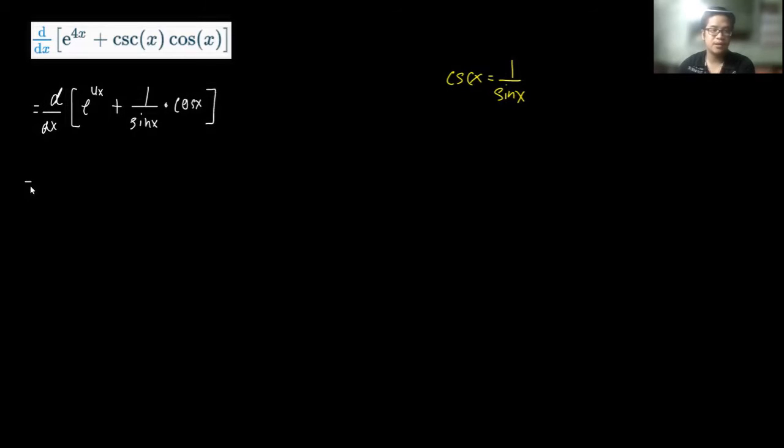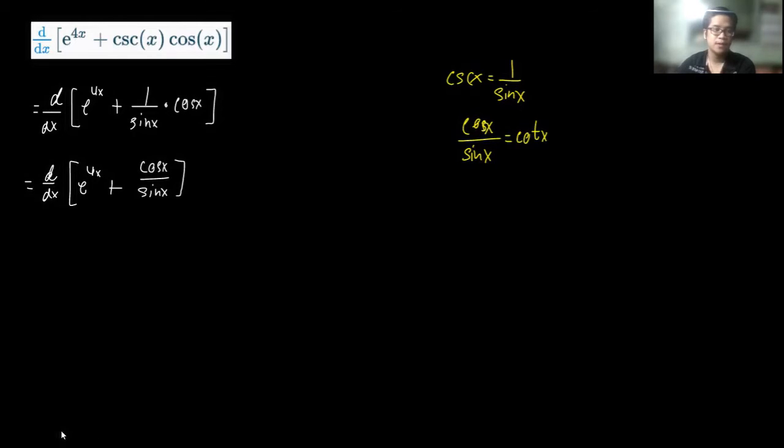Let's combine 1 over sine x times cosine x. So you have e raised to 4x plus cosine x over sine x. If ever you have cosine x over sine x, this is just the same as cotangent x. Recall that cosine x over sine x is equal to cotangent of x.